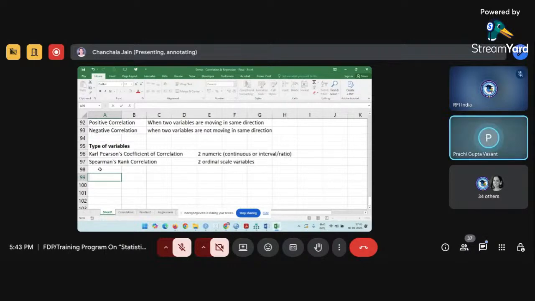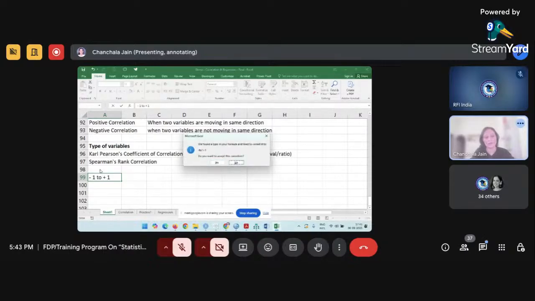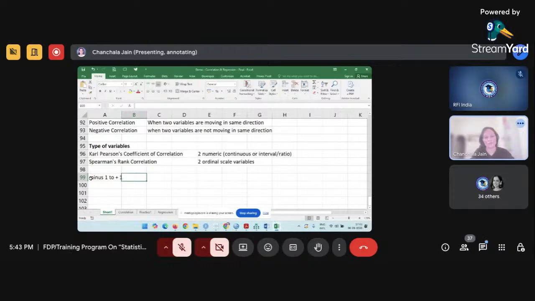Yes, minus 1 to plus 1 is the value of r, right? But it is not necessary that you always get 1 or minus 1, right?